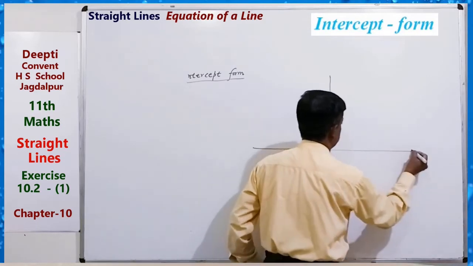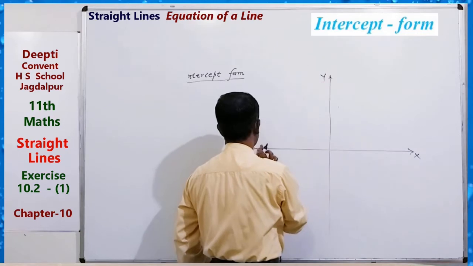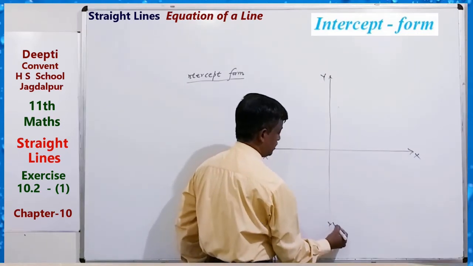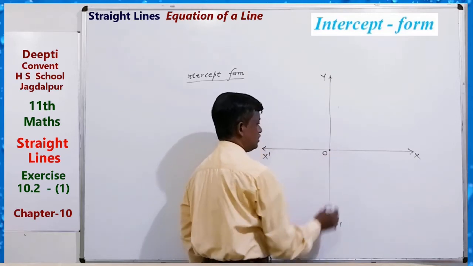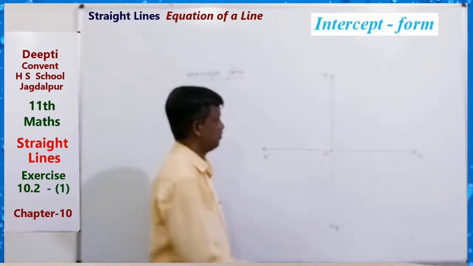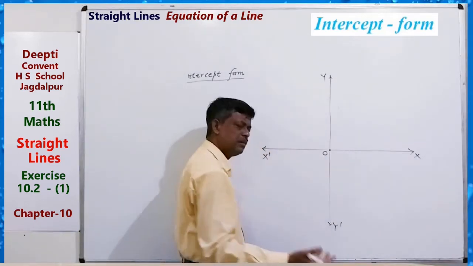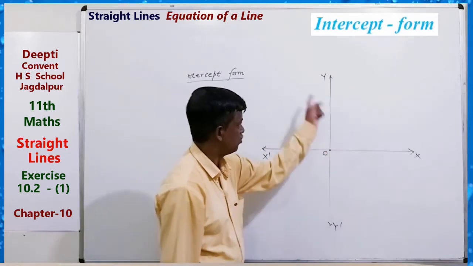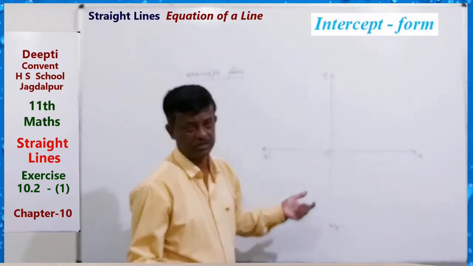This intercept form is very important. We have the x-axis and y-axis, this is x dash, this is y dash, and this is the origin. A line may be drawn like this, from anywhere. A line always intersects both axes at two points.